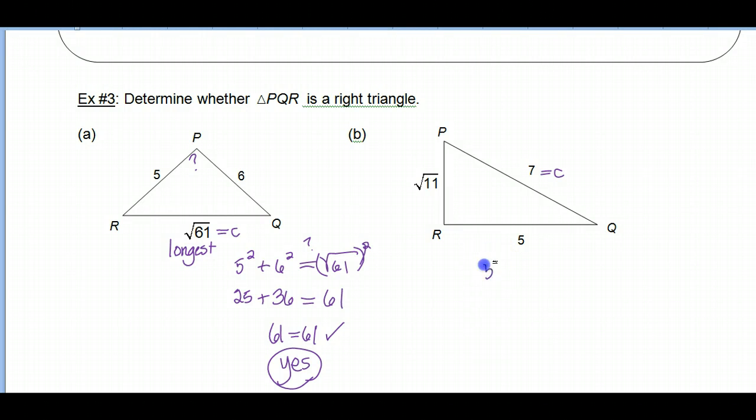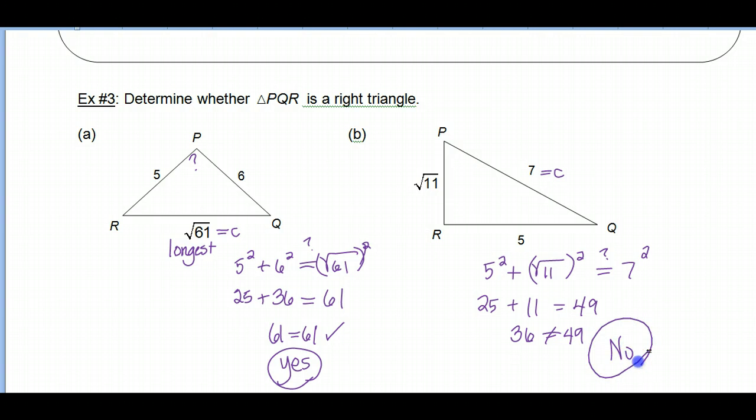So I want to see, is 5 squared plus the square root of 11 squared equal to 7 squared? So we get 25 plus 11. What do we get on the left side? 36. No. So this one is no.